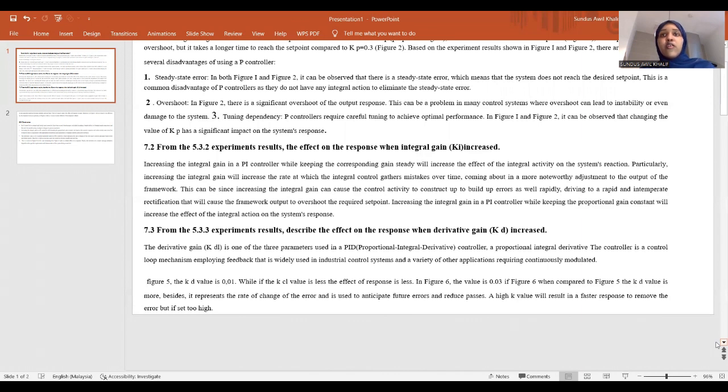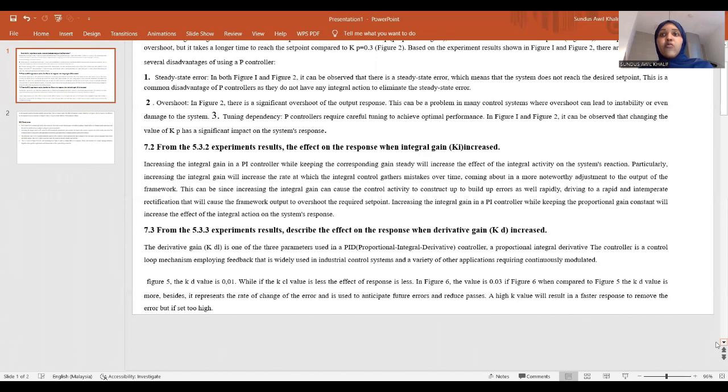In figure 6, the value is 0.03. When compared to figure 5, the KD value is higher. It represents the rate of change of the errors and uses anticipated future errors to reduce them.